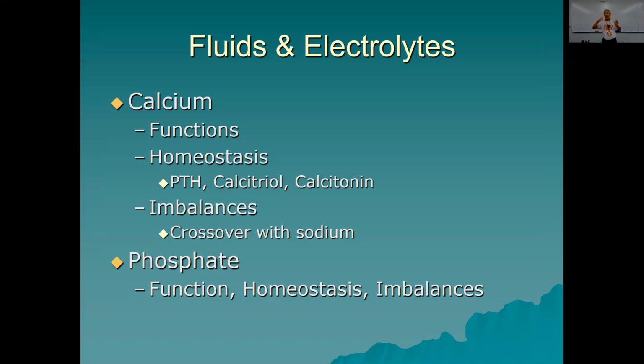Calcium and phosphate go in opposite directions, just like sodium and potassium. Remember, calcium is more concentrated on the outside of cells, phosphate on the inside. And you can't put a lot of calcium and phosphate together because you reach what's called the solubility product. You did that last semester in the skeletal system, that makes bone. If you put too much calcium and phosphate in the same place, you start making bone where you might not want to make bone.